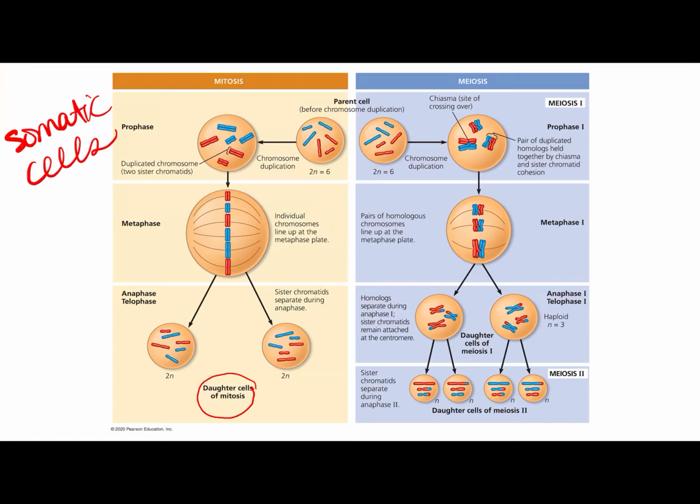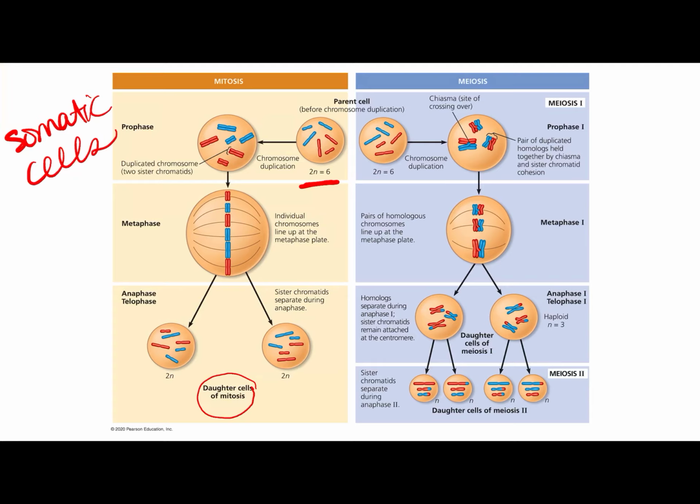Okay? Now remember, prior to the start of mitosis, cells have been in interphase, and during S phase of interphase, they replicate the DNA. So in these examples in this figure right here, we are starting with a diploid parent cell with a diploid number of 6.